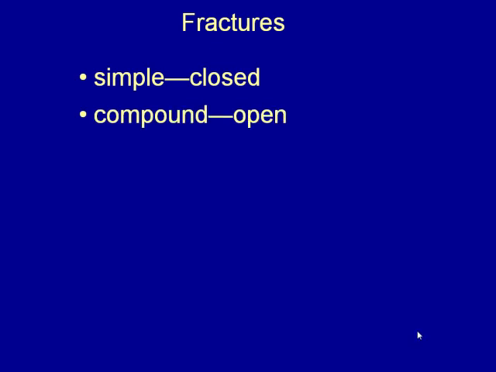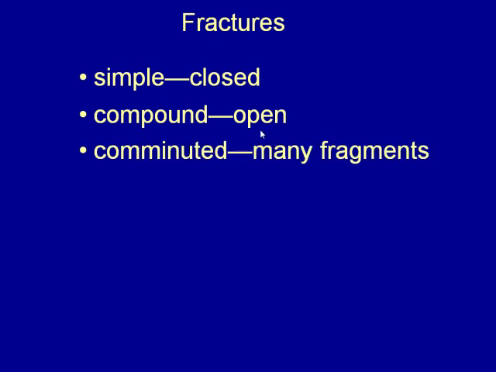One of the things that can happen to bones pretty much any time during life are fractures. And we used to classify fractures as simple and compound. We now call them closed and open. Closed means the bone did not break through the skin. Open means it did. And simple fractures, simply the fact that the bone ends don't protrude through the skin, some of those fractures can be anything other than simple.